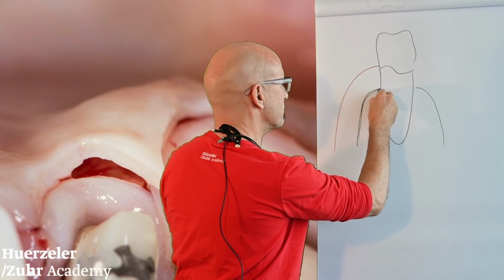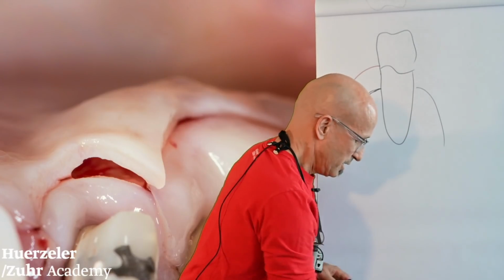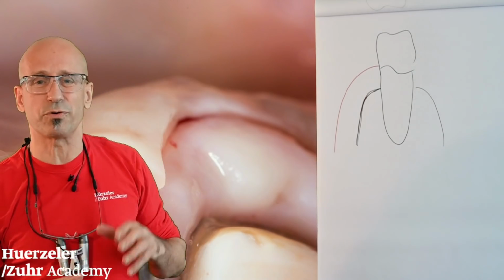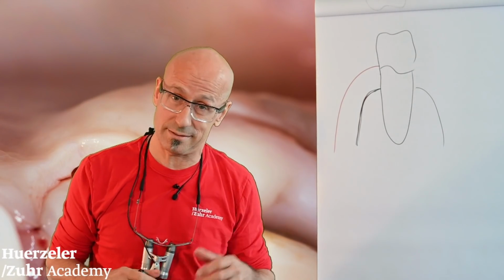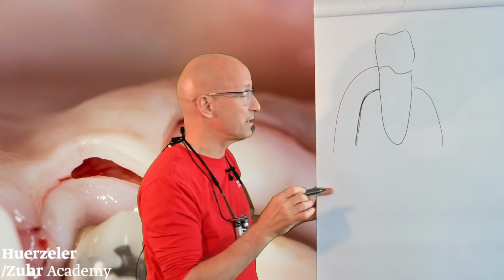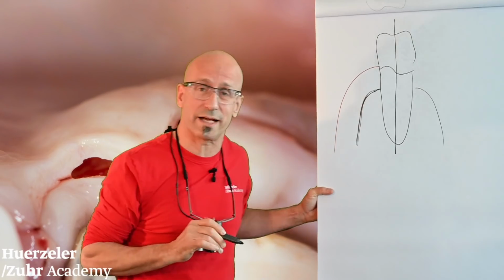The green part is the periosteum on the bone. In many books, you may have read that the split thickness flap design is done parallel to the tooth axis.